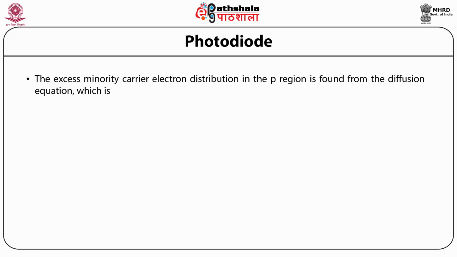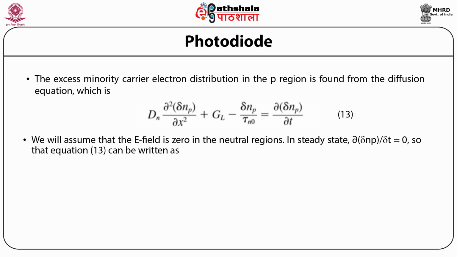The excess minority carrier electron distribution in the P region is found from the diffusion equation, which is given by Dn ∂²(δnp)/∂x² + GL − δnp/τn0 = ∂(δnp)/∂t. Now we will assume that the electric field is 0 in the neutral regions.